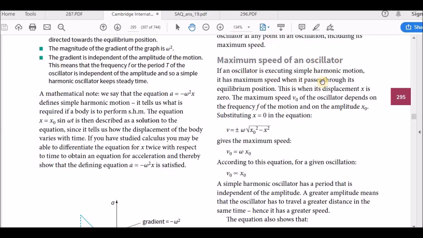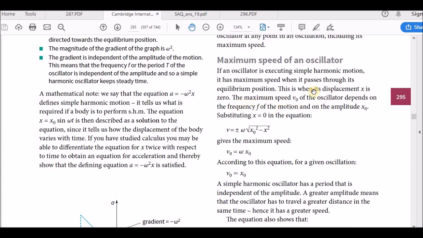If an oscillator is executed in simple harmonic motion, it has a maximum speed when it passes through its equilibrium position. This is when its displacement x is 0. The maximum velocity is when the displacement is 0. So this term here becomes 0. X squared, x is 0, so this becomes 0. Then what happens is, it will be v equals plus or minus omega square root of x0 squared. Right? So square root of x0 squared is x0. So we get this.